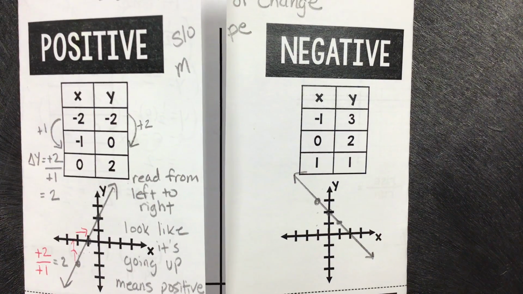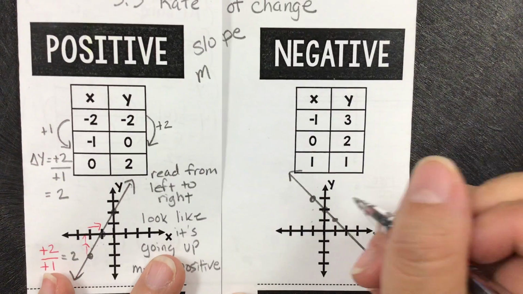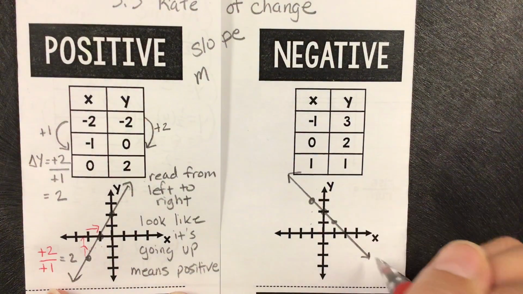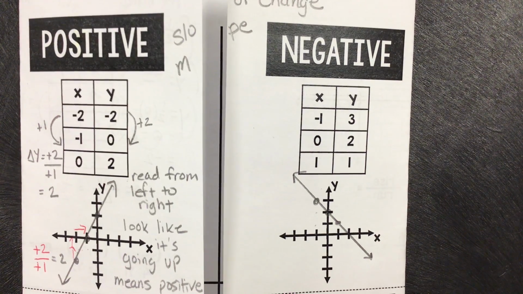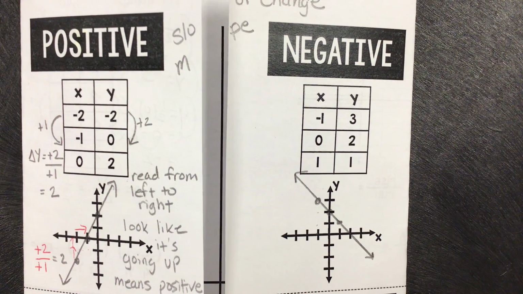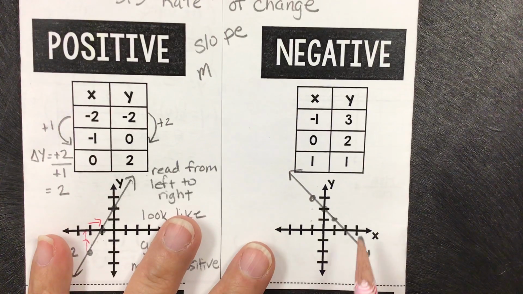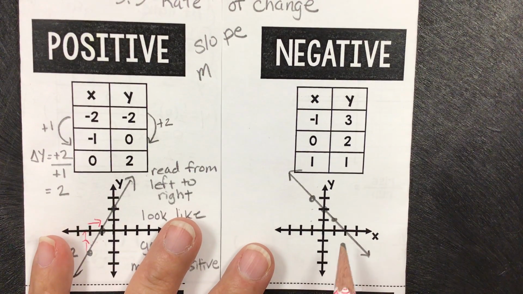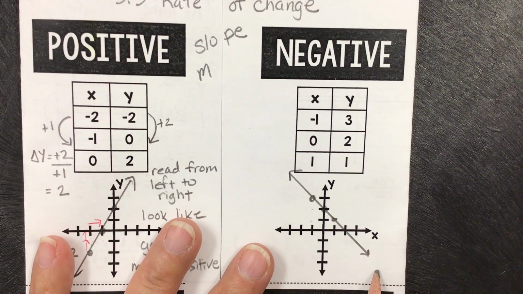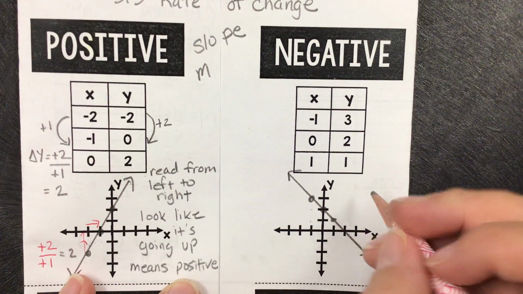Okay, so on the graph, remember we start from left to right, and since it looks like it's going down, that's why it's negative. So this is a way to verify that your answer is supposed to be a negative number because the line is going down.